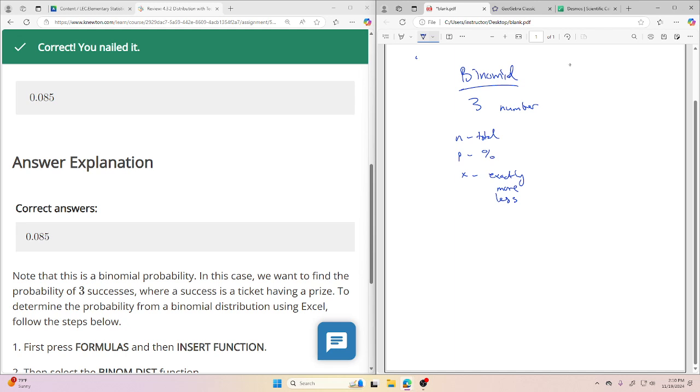If it has only the probability, the percentage, and just a number, like what's the probability of 5 calls or something like that, so X, and it'll probably say exactly, or may not even say anything to that. I don't think it'll say the word more or less. But anyways, if you just have the 2, so like 2 numbers, then that would be a geometric.